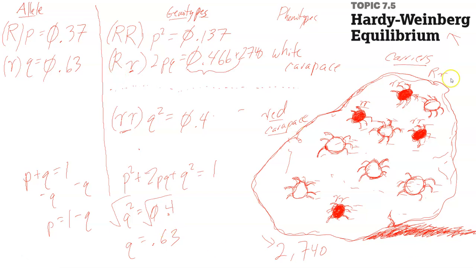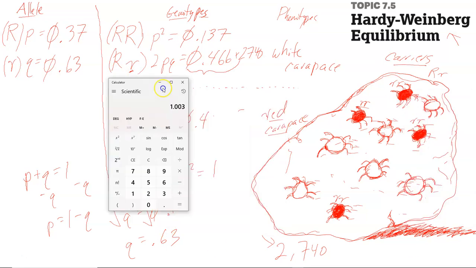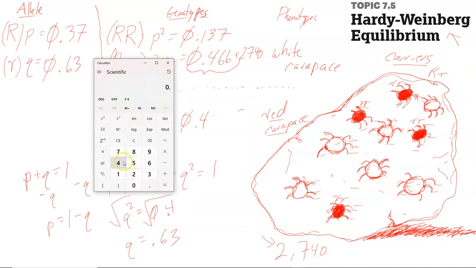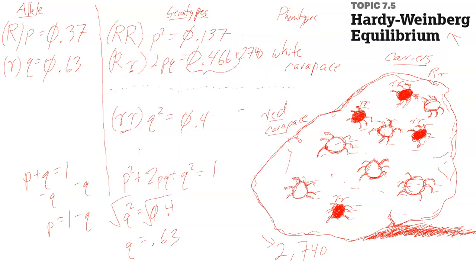Okay, let me pull my calculator over and we'll solve this one. 0.466 times 2,740, right? So we would expect around 1,277 of these beetles, 1,277 out of 2,740, to be heterozygous, or almost 50%, 46.6%.